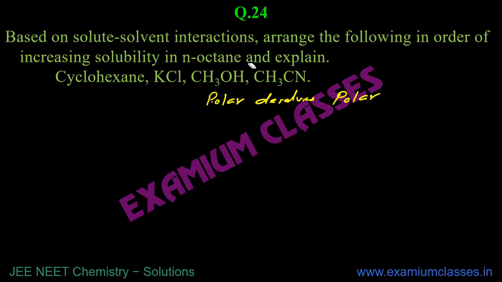Most ionic one will not be soluble at all. The polar will be rarely soluble. Less polar will be more soluble than more polar, and non-polar will be soluble up to maximum extent. So you need to first find the ionic character, and the reverse we will follow that. Okay.